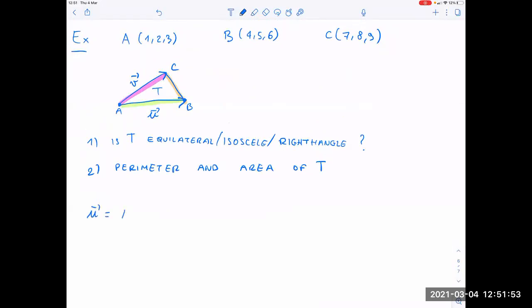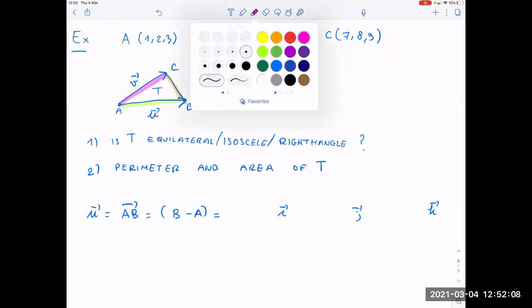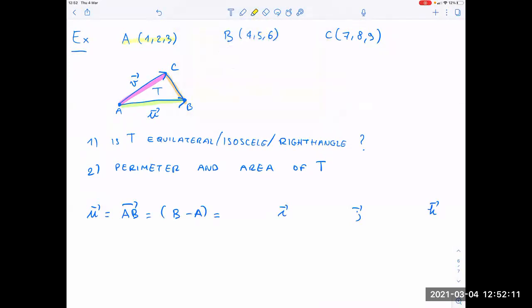Vector U is the vector going from A to B, also called B minus A. This is a vector having I, J, K components that come from the components of A and B, and the idea is that you take the subtraction.